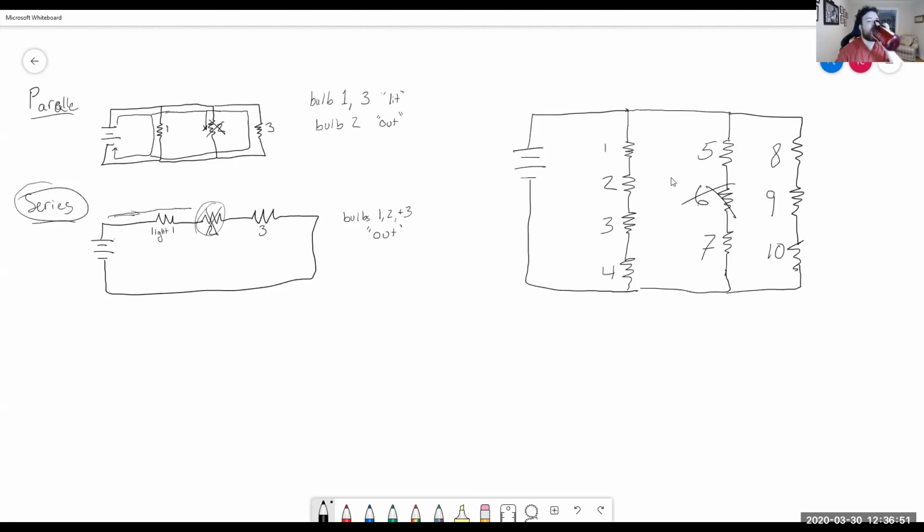It also goes out because it can't complete it. What happens to bulbs 1 through 4 and 8 through 10? They're fine. Hold up, one at a time. What's happening to bulbs 1 through 4 and 8 through 10? They're still on. They're all still on. Yeah. All right, because they still have their own ability to complete their circuit.